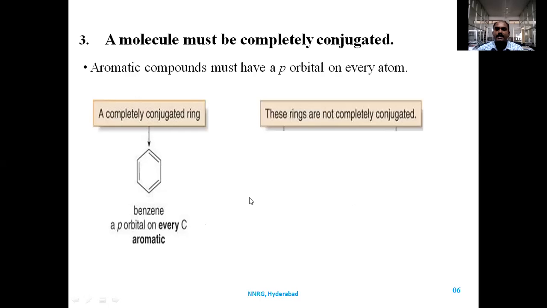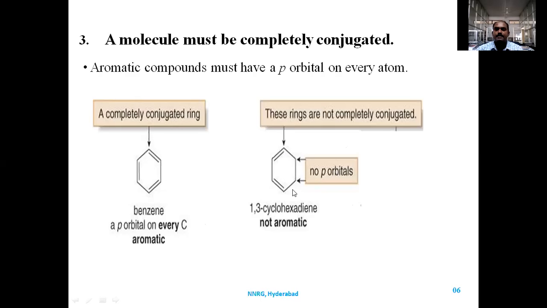But there are certain compounds which are not conjugated. If you take one example, 1,3-cyclohexadiene, two double bonds are alternate to each other, but the next two carbons do not have a double bond. These two carbons are sp3 hybridized, so they have a tetrahedral structure. The sp2 hybridized carbon has a planar structure, and the sp3 hybridized carbon has a tetrahedral structure.